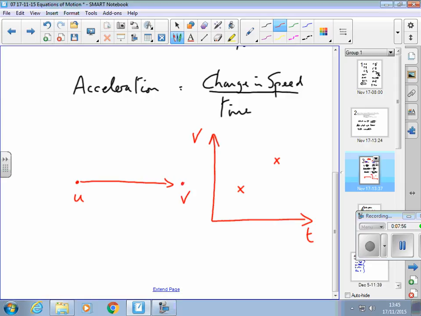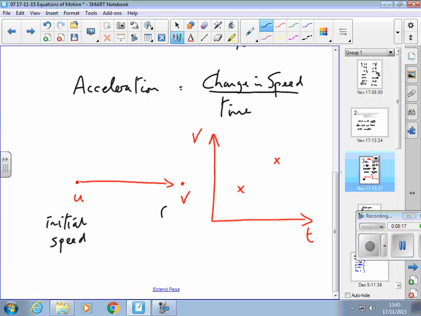So let's say it's going at a linear speed. We use some symbols to represent what's called the initial speed. U is the initial speed. Came across that this morning. U and V are very common terms, okay? U means the initial speed.